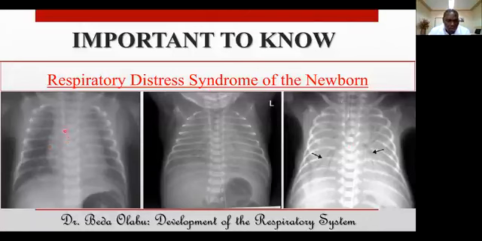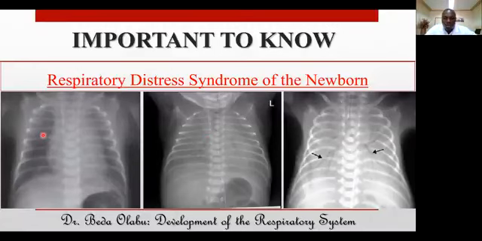I don't think you'd understand the concept in the radiograph, so let me just leave it to what I've told you, because now I have to teach you how to interpret radiographs first before we can make a diagnosis of respiratory distress syndrome of the newborn in these images. So just take it from what I've told you.